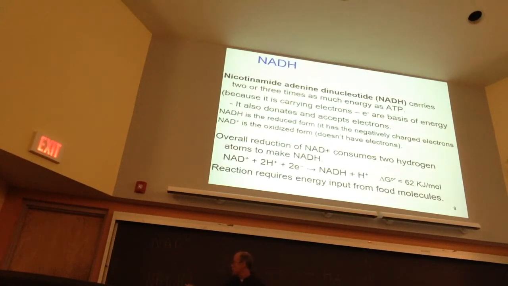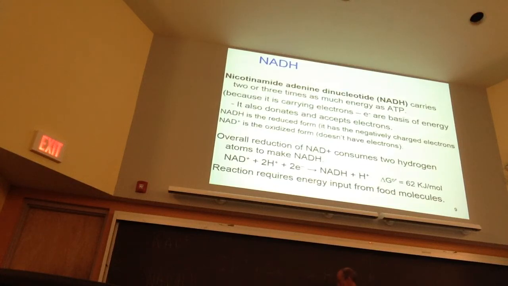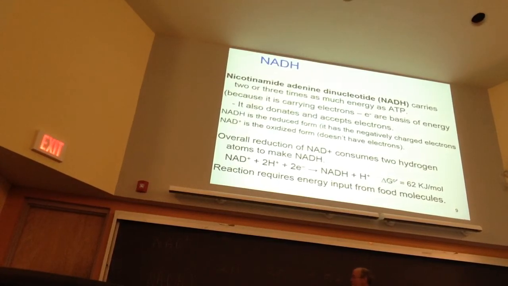The hydrogen tells you that this electron carrier has accepted an electron and is reduced. It is now carrying that electron because basically in a biological cell, electrons are transported with a hydrogen atom.